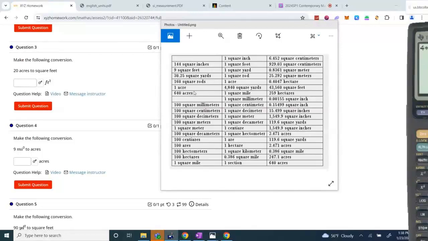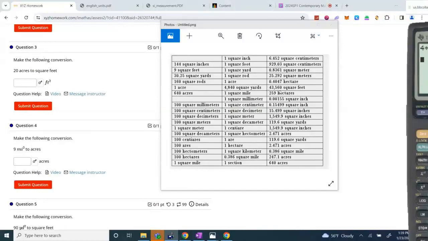I'm gonna make sure everybody gets this. So we have, now this formula sheet is a little bit different because we have 1 acre, which is 4,840 square yards, which is 43,560 square feet. So I can either make a conversion between acres and square miles or acres and square feet.